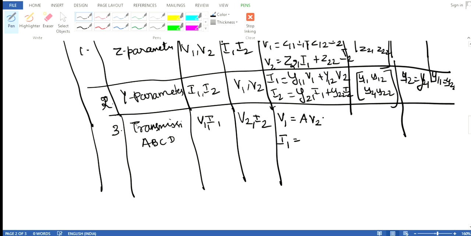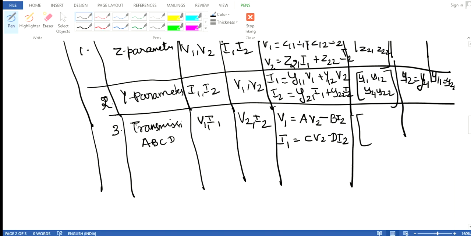A into V2. And one more speciality of this parameter is, in all the 6 parameters you are using a plus symbol in between, but only in the transmission and inverse transmission you are using minus. V1 equals A V2 minus B into I2, followed by I1 equals C into V2 minus D into I2. So this one. And what is the matrix?